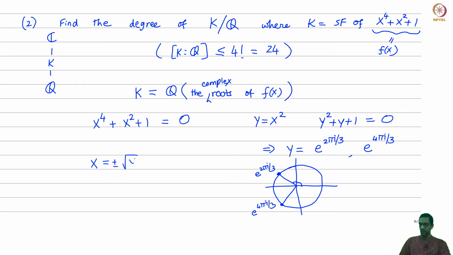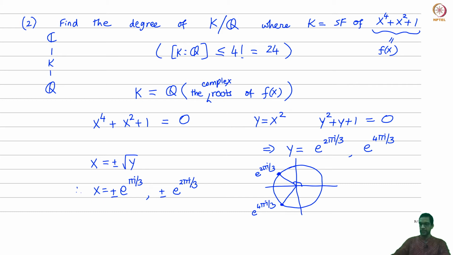The square root of e to the 2 pi i by 3 is e to the pi i by 3, so it's plus or minus that. For 4 pi i by 3, the square root is e to the 2 pi i by 3, so I take plus or minus that.